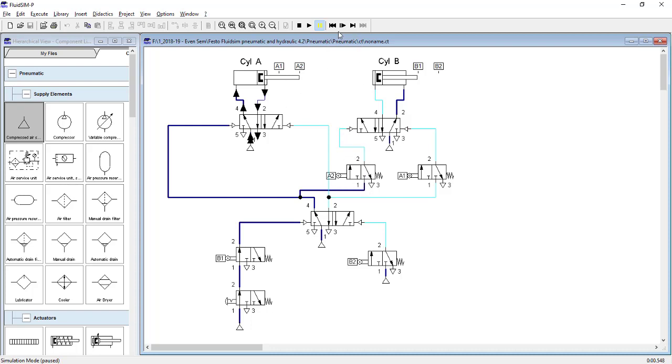But as soon as the piston reaches the end point, A2 got activated. It is allowing the compressed air to go ahead. Because compressed air goes ahead, the position is changed. As soon as the position is changed, compressed air is going into the left side of cylinder B. Piston B starts moving. As soon as piston B moved ahead even a little bit, B1 got deactivated.